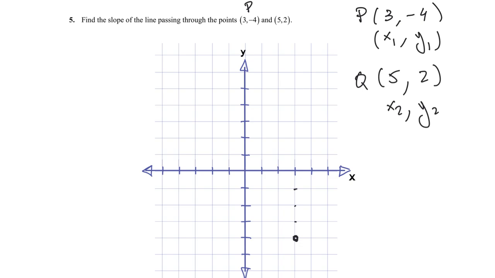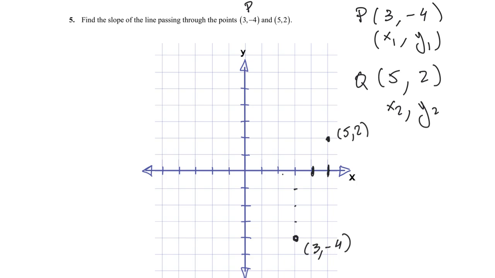And what is the point Q? The point Q is 5, 2: 5 is here, and 2 is here. This is the point (5, 2), and this is the point (3, -4).